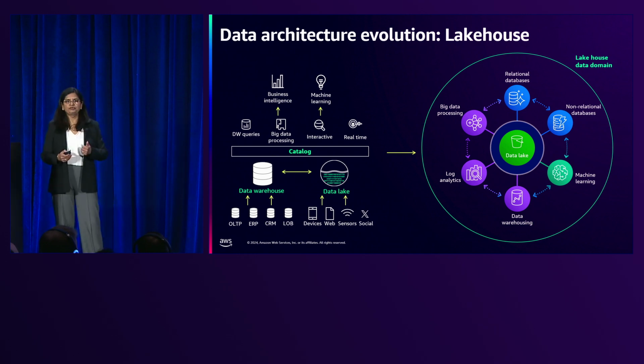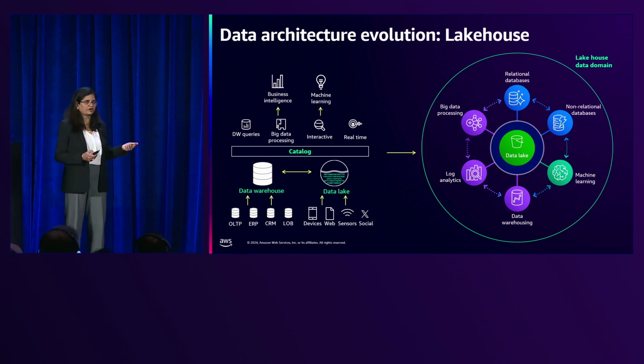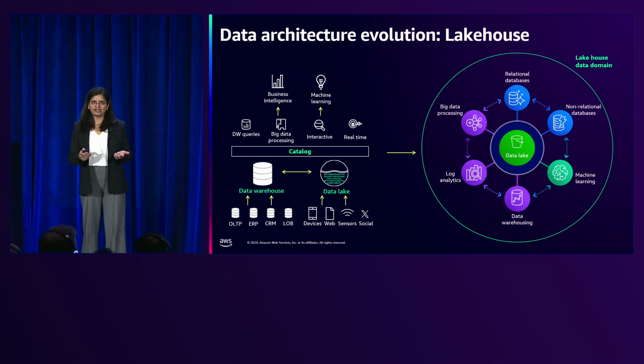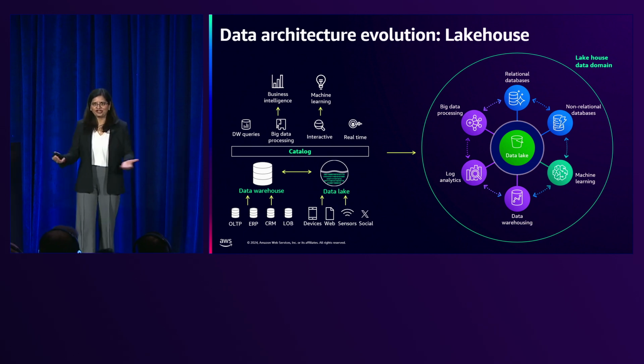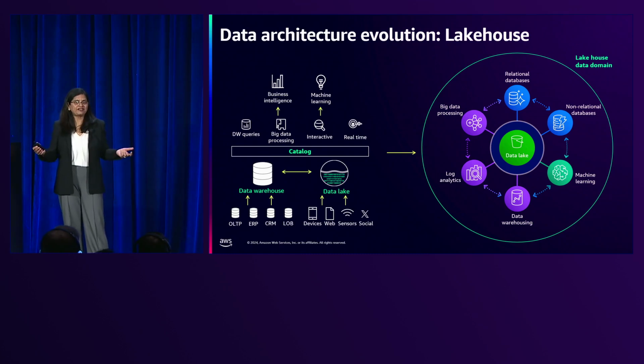Similarly, the data layout in a data lake doesn't lend itself to high performance. That's another drawback. The third one is being able to govern your data. In a data warehouse, because it is an RDBMS system, you can define permissions. No such thing was available on data lakes. You can only do it at a file level.